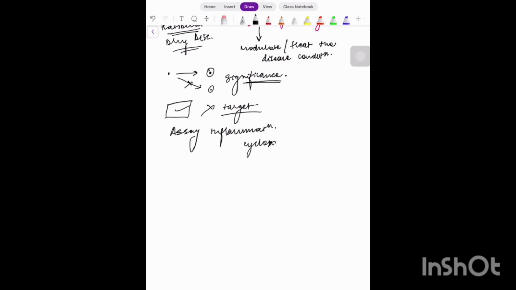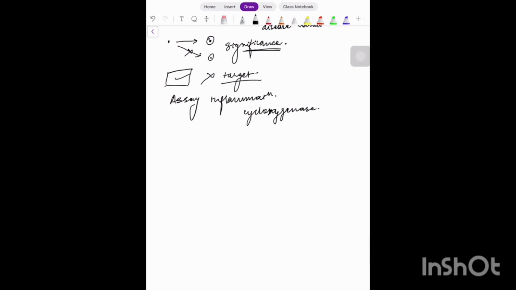That means if I were to discover a drug for inflammation, my biological target would be the enzyme COX-2.